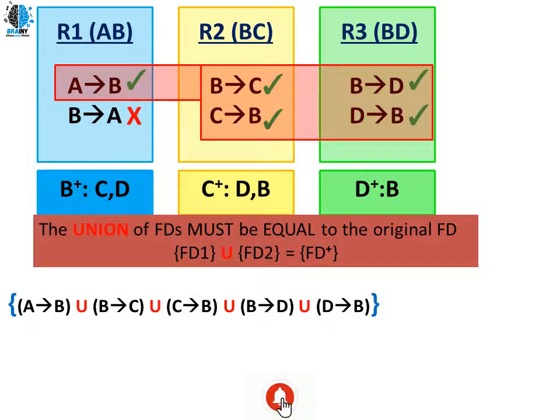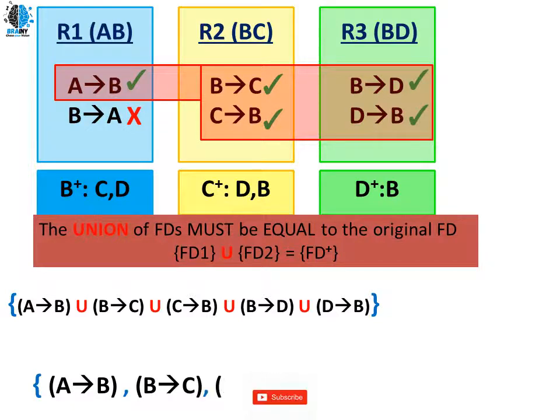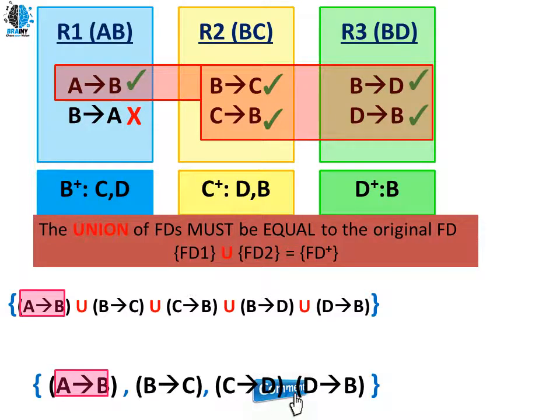What are the given functional dependencies of the original table R? They are A goes to B, B goes to C, C goes to D and D goes to B. Let's map these from the functional dependencies of R1, R2 and R3. A goes to B is there in the original table R. Next, B goes to C is also present.